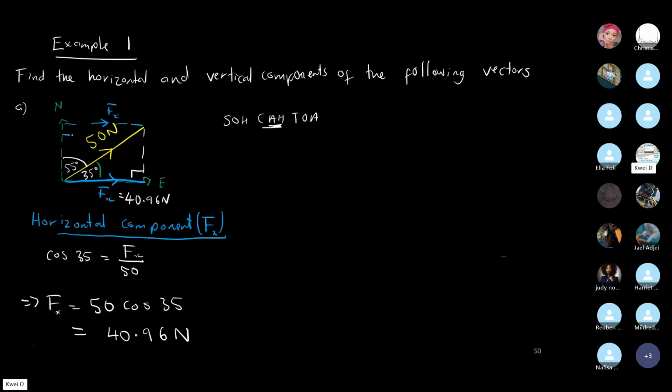So the alternative way you can solve this is to get sine 55 is equal to the opposite, fx, divided by the height. In that case, the fx would be 50 multiplied by sine 55. And what would that also give you? Punch it in. 40.956. Good. So 40.96 also.